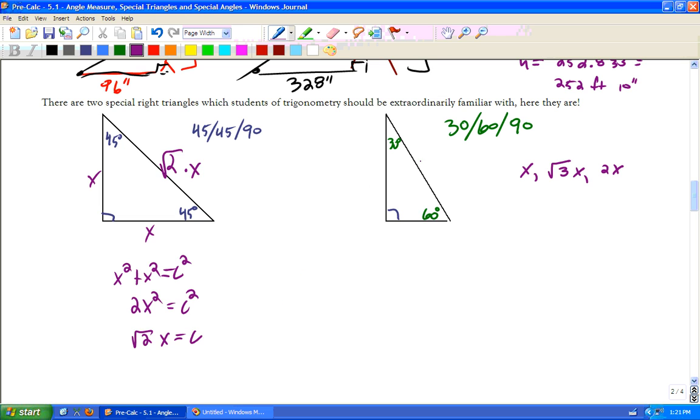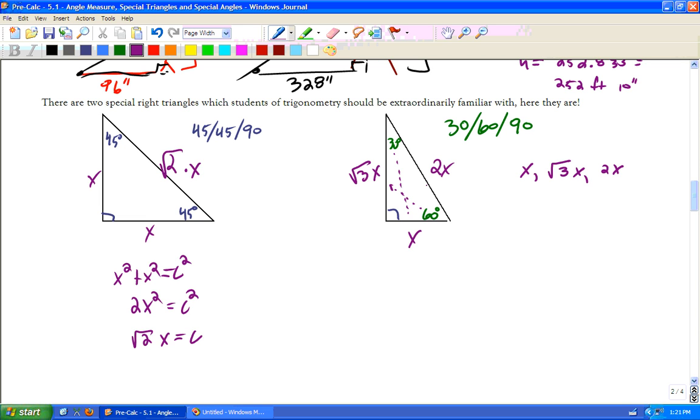What's helpful to remember is that opposite your smallest angle is going to be the smallest side, in this case x. Your second smallest angle, in this case 60, is going to have the second smallest side length, the square root of 3 times x. And opposite that 90, your hypotenuse is going to be the largest, 2x.